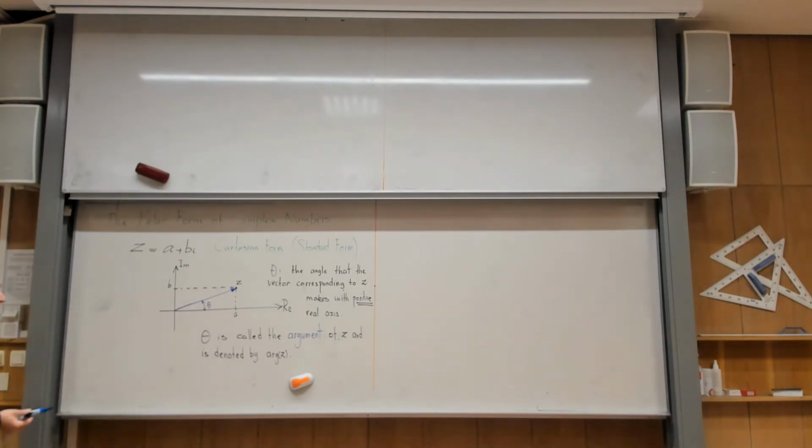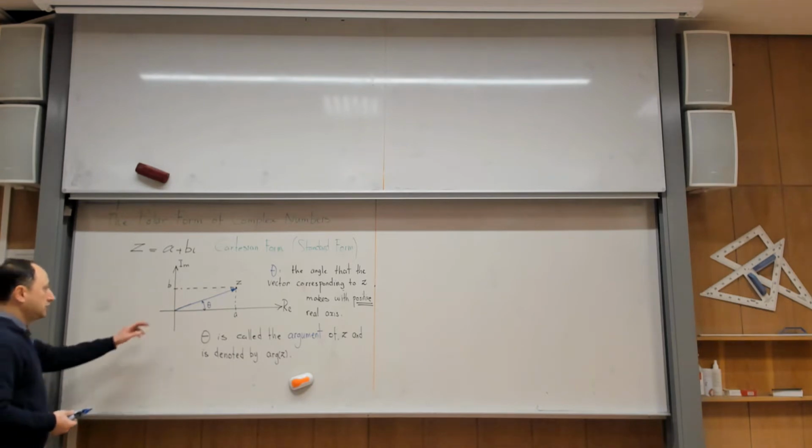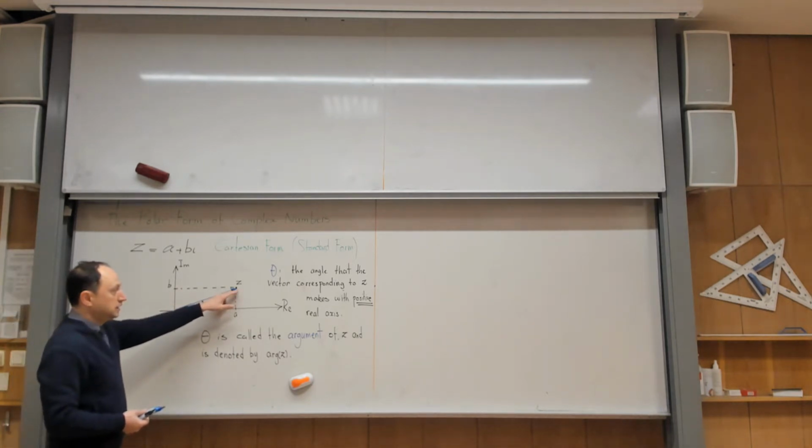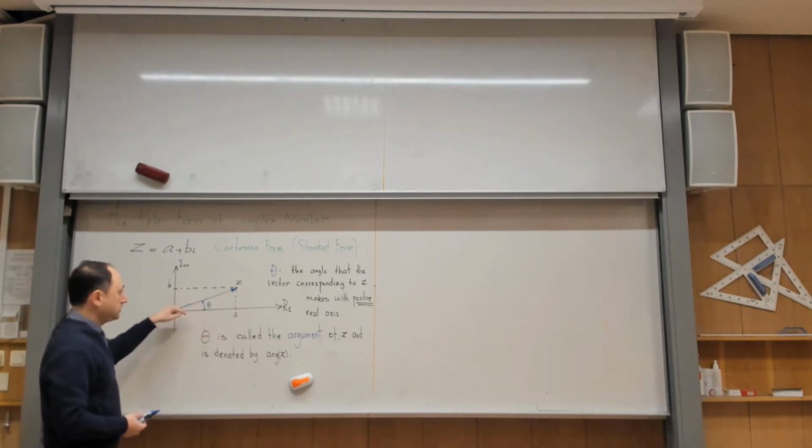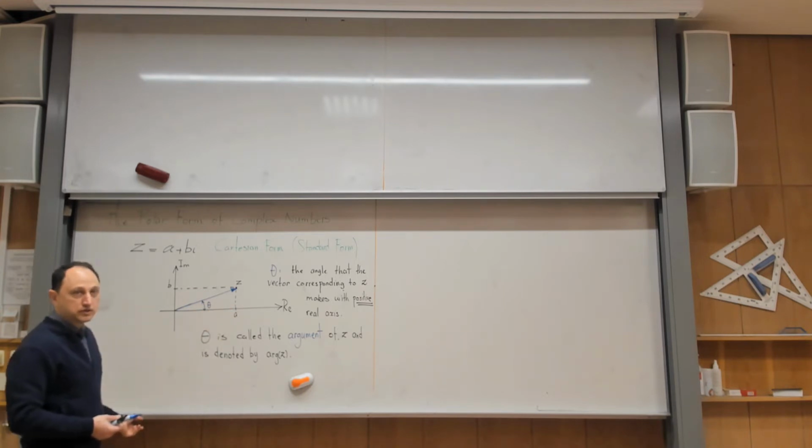So if someone asks you what is the argument of a complex number, that's an angle: the angle that the vector corresponding to that point in the complex plane makes with the positive part of the real axis.